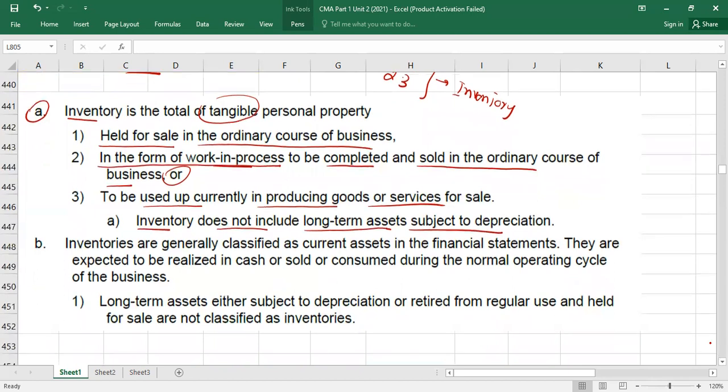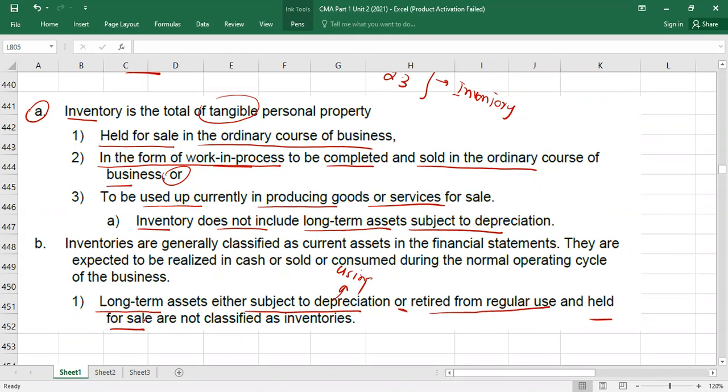Sometimes we might have long-term assets held for sale also. But what is the point? The long-term assets are either subject to depreciation, those assets which we are using, or retired from regular use. Maybe assets you were using previously are now retired and held for sale.